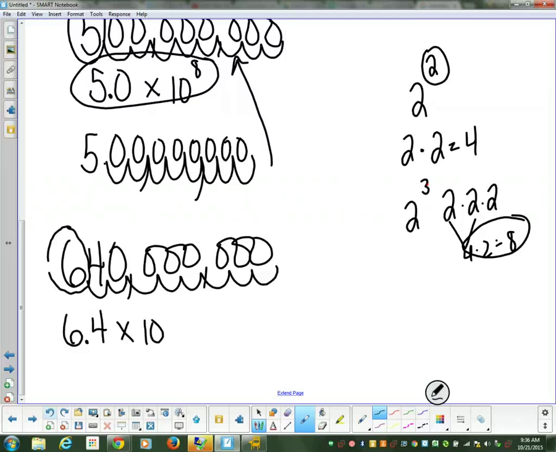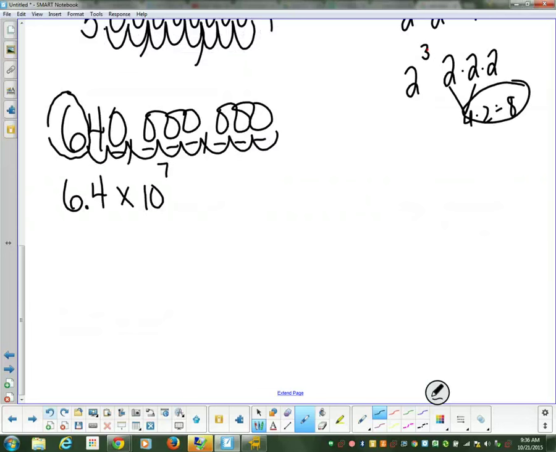Yes, 7. So let's make it to the 7th power and check our work. So 6.4, and we have to go over 7 spots. 1, 2, 3, 4, 5, 6, 7.